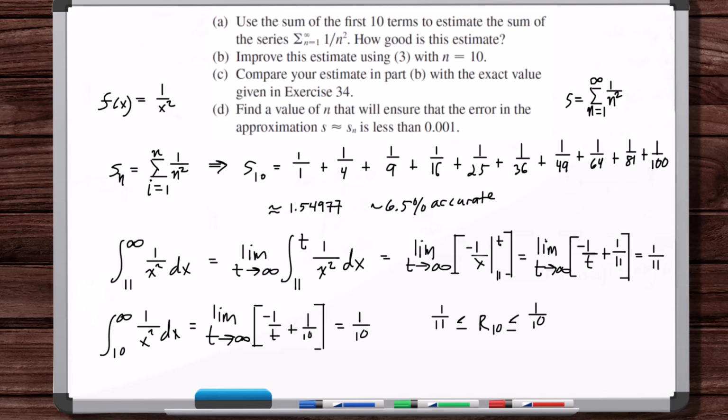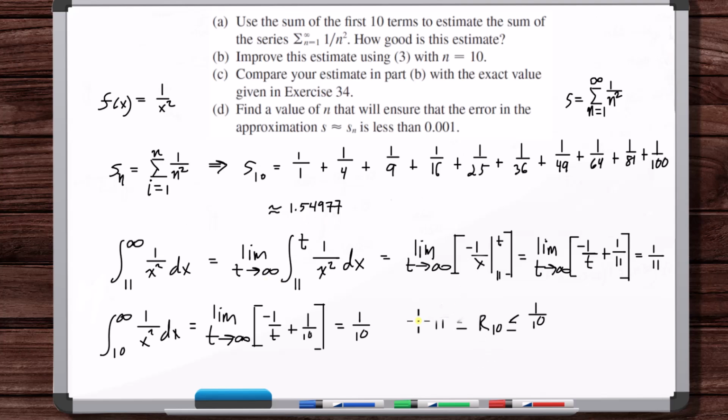It's any time you've got an estimate for what the R sub n is. So let's erase this. We've got an upper and lower bound on what the sum of the remaining terms are, and with that, we've got an upper and lower bound on the actual sum.